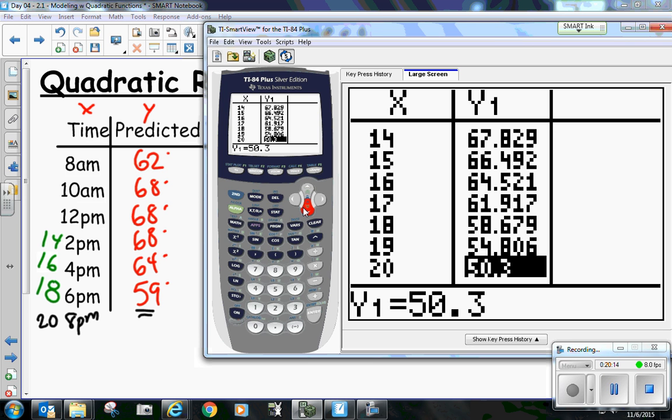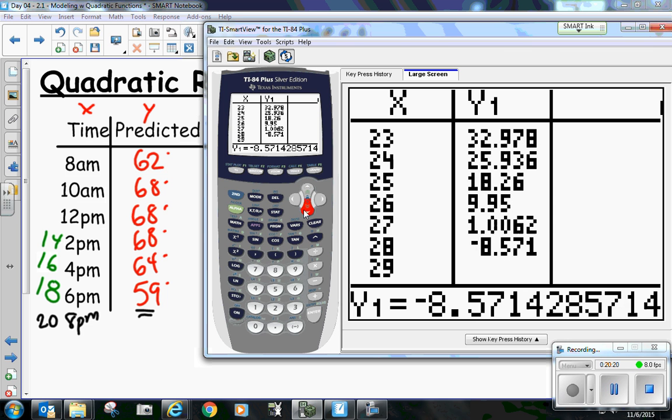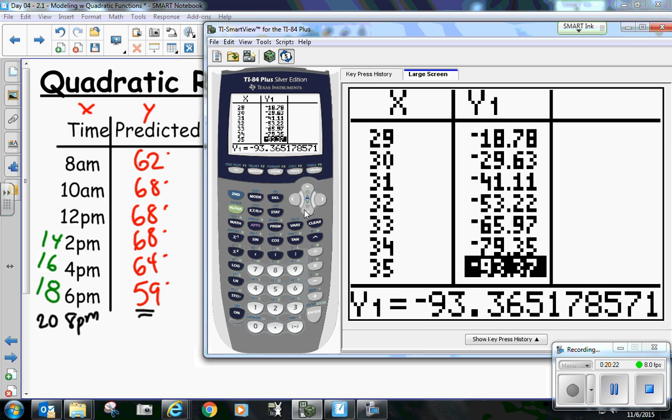But why is this model not really good for temperature beyond today? Because the parabola is going to go down forever. Do you think at the 35th hour, which there are not 35 hours in a day, there's only 24, it's going to reach negative 93? No. So it's only for set time periods.